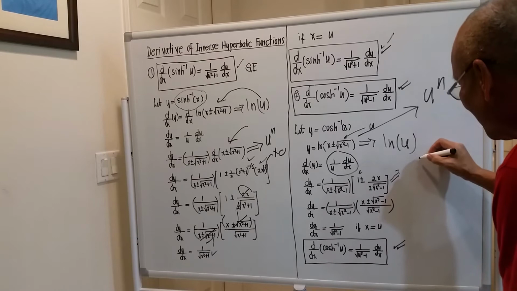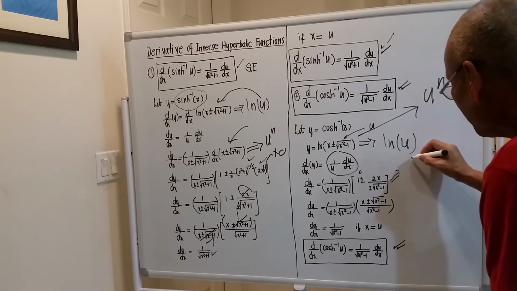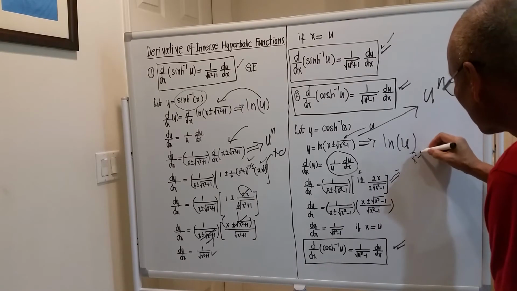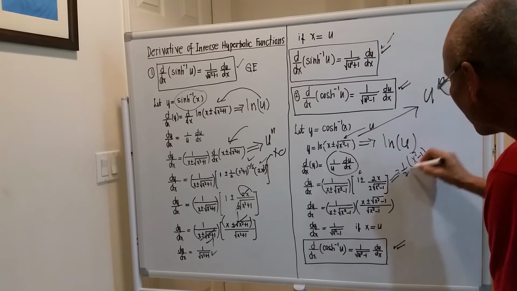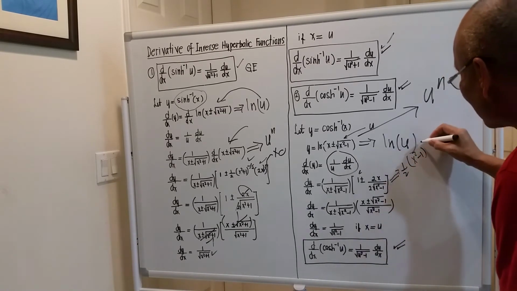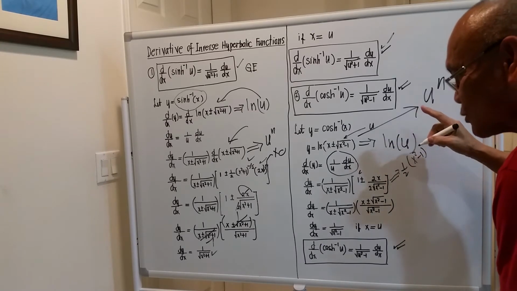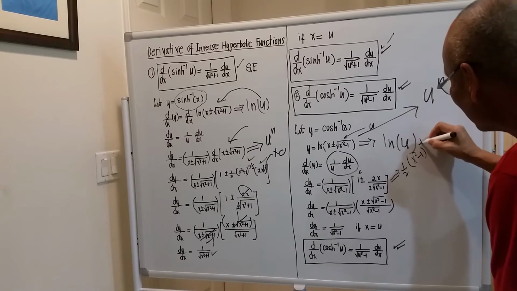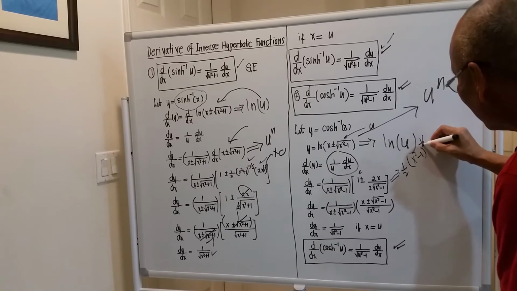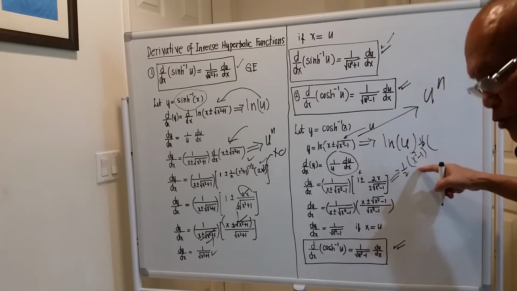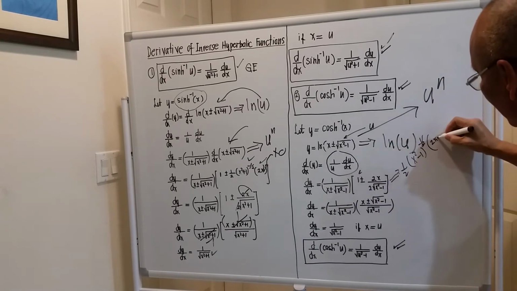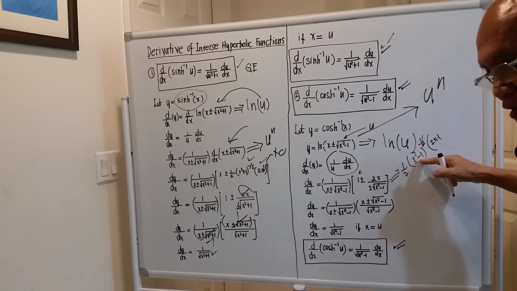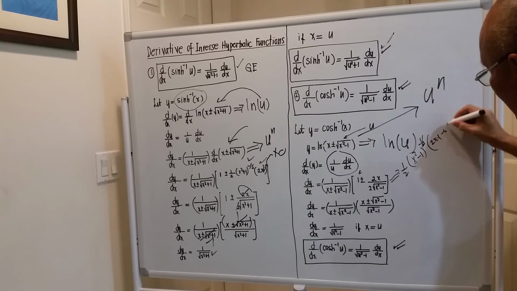It should be x squared minus 1, but there is 1/2 over here, right? Raised to 1/2 minus 1 is minus 1/2 times the derivative of x squared. It will be 2x times 1, and the derivative of minus 1 is 0.